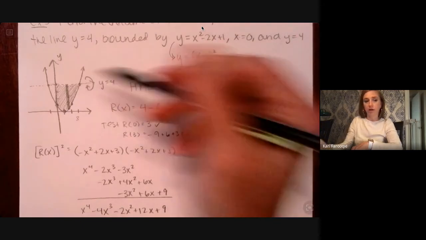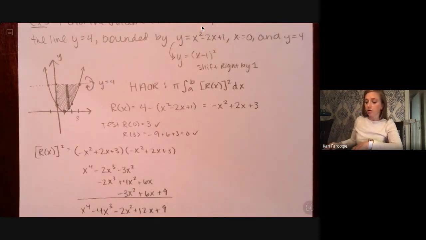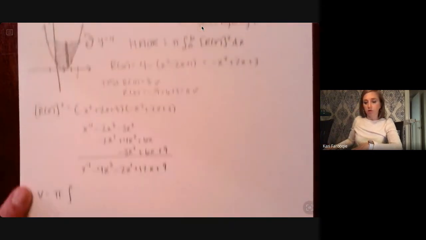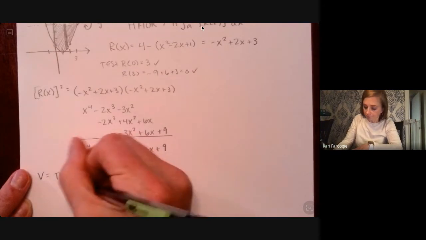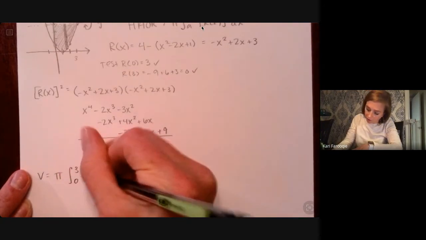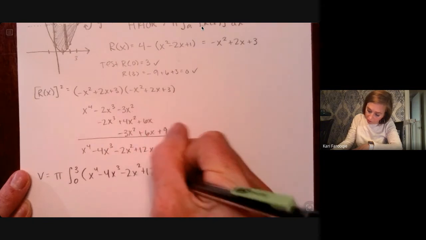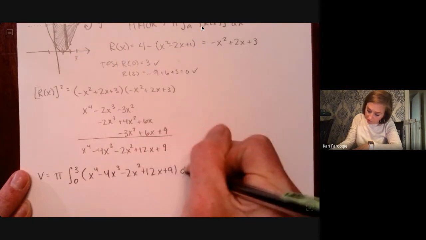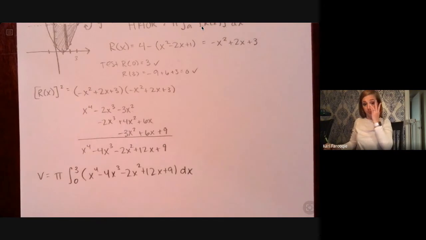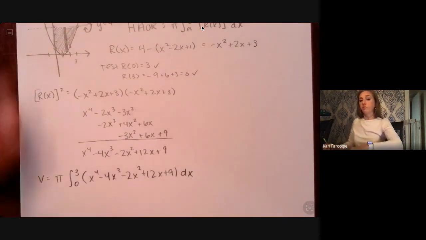So we're going from 0 to 3 of x to the 4th minus 4x cubed minus 2x squared plus 12x plus 9 dx, and then we'll integrate, and then we'll evaluate the definite integral.